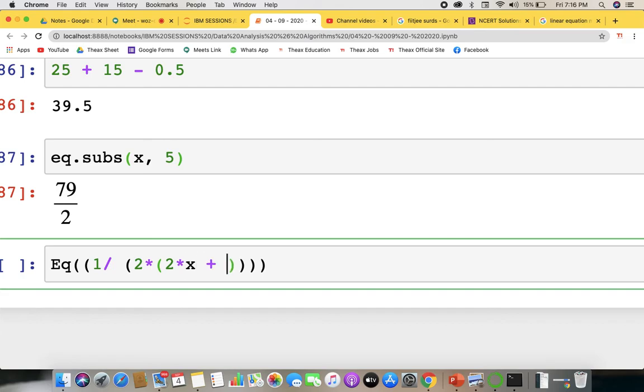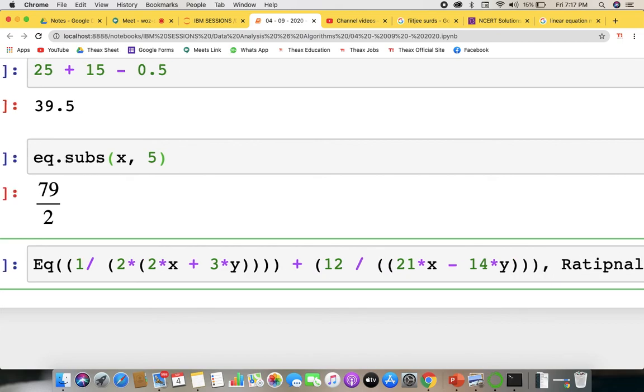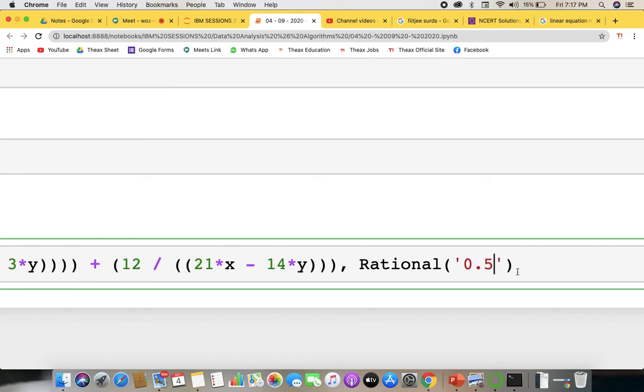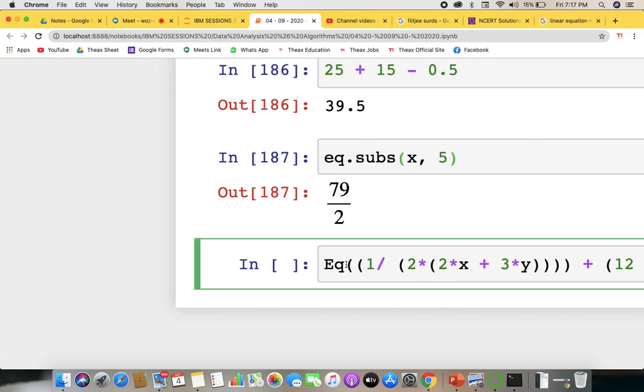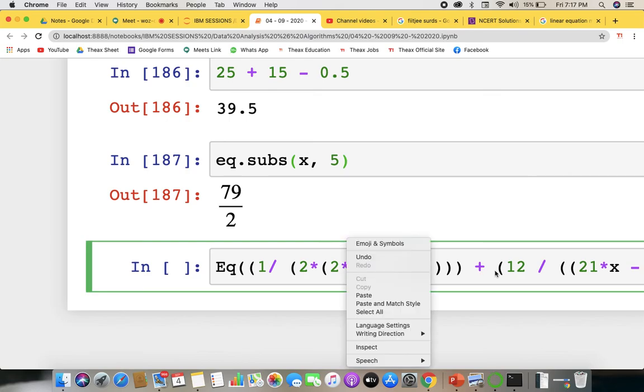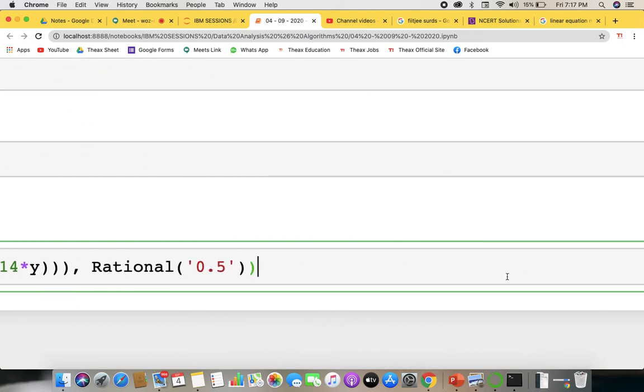Yx plus 3y plus 12 by 21x minus 14y over rational of 0.5, and this with the equation starting with 2, going inside, ending up with a 3, and that's it.